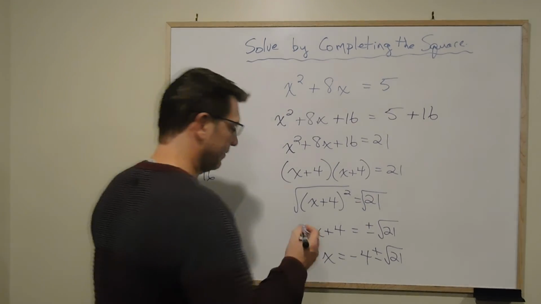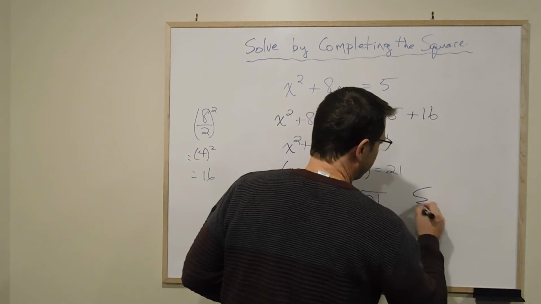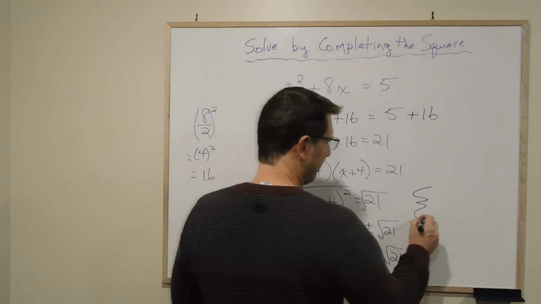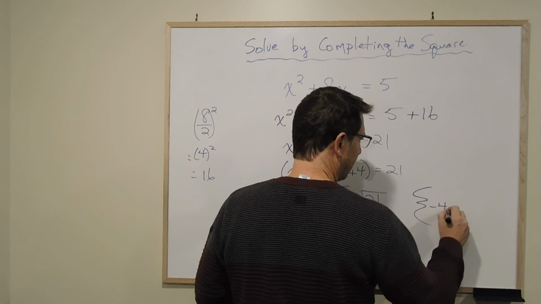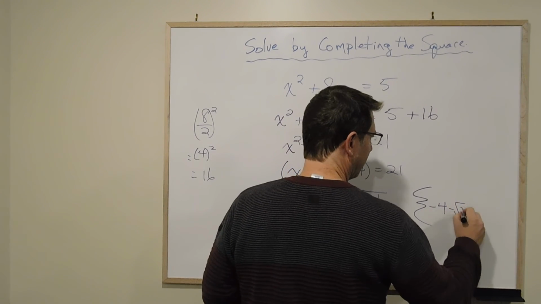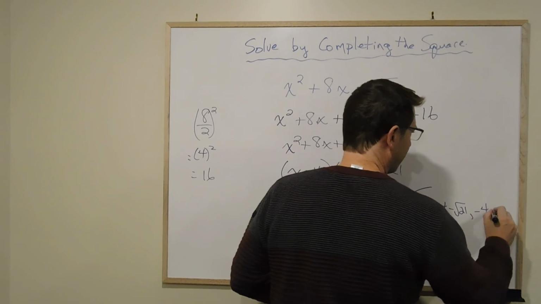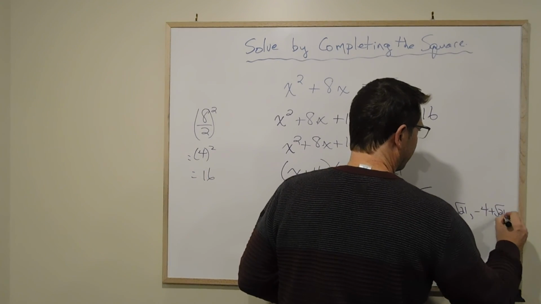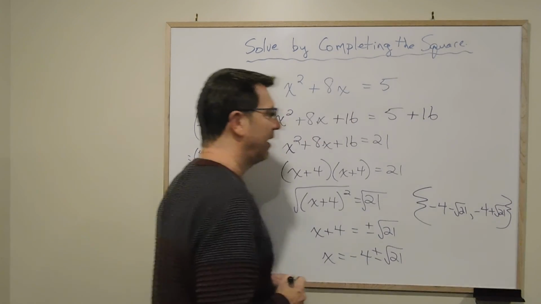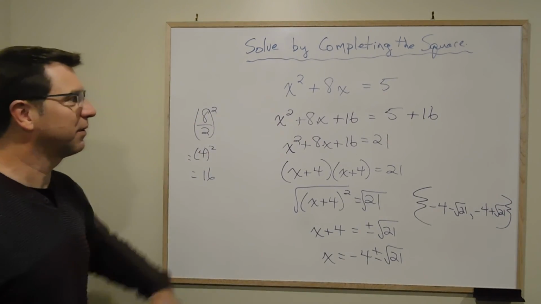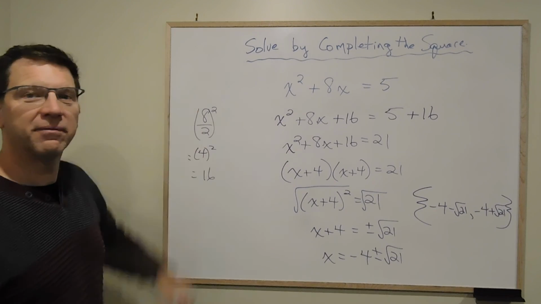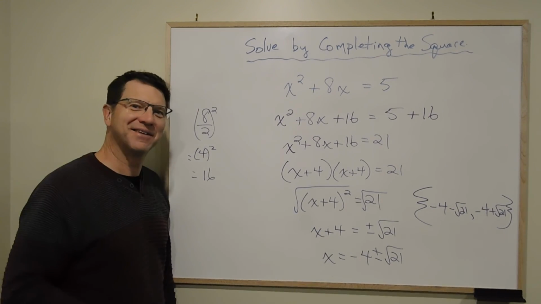In our solution set, we have -4 minus the square root of 21, or -4 plus the square root of 21. Okay? And that's our two solutions to this problem. And what we've done is we've solved by completing the square. Right? See you in a bit.